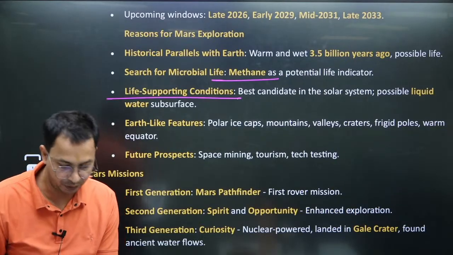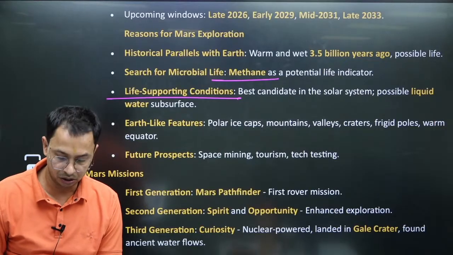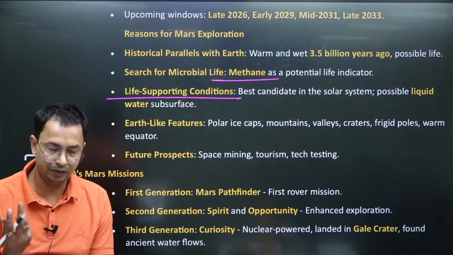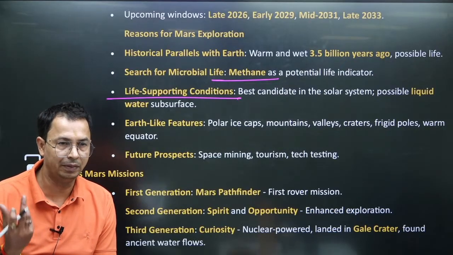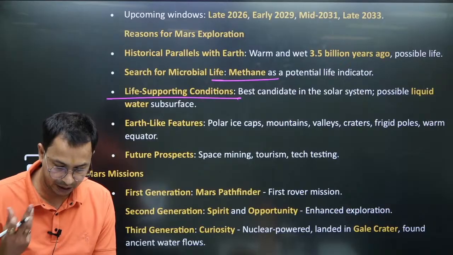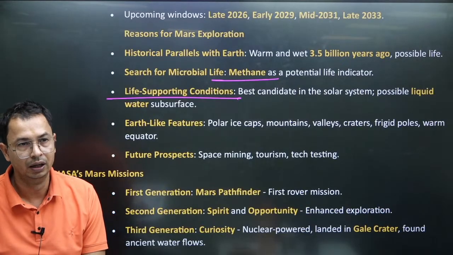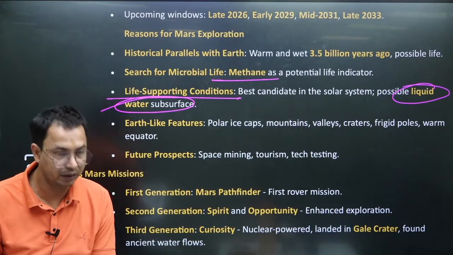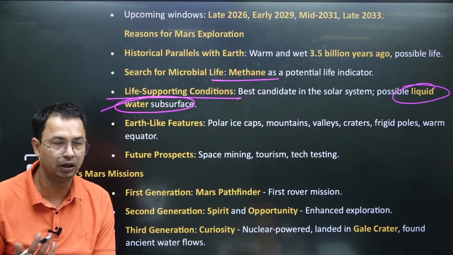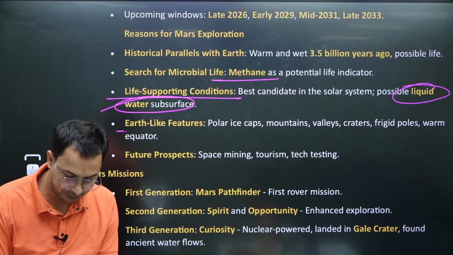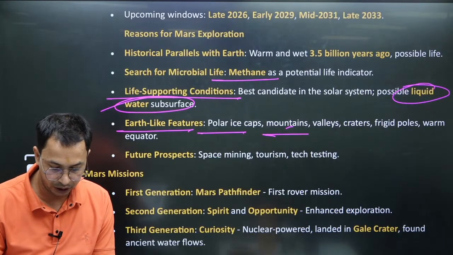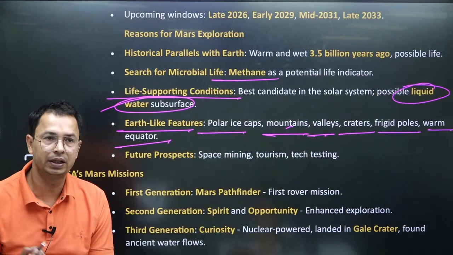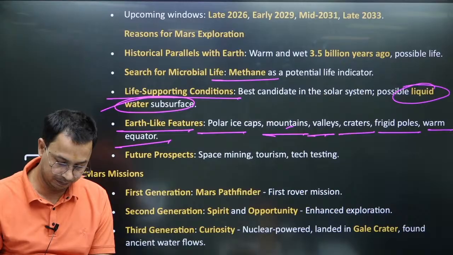And there are life supporting conditions on Mars also, because in the solar system, as on the Earth we have climatic zones, the same there are climatic zones on Mars also, and there is probability that there will be subsurface liquid water, if there was liquid water at that time. And Earth-like features like polar ice caps, mountains, valleys, craters, ridged poles, warm equators, each and everything we have on Mars.